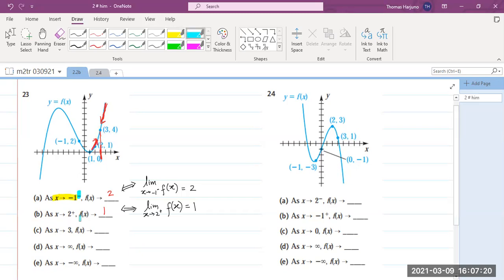If there's no notation where you approach that from, then you approach from both sides, left and right hand side. Now here you see that as x approaching 3 from left and right hand side, the value of the function is approaching 4. When you approach from the left hand side, it's approaching 4. Approaching from right hand side, that's also approaching 4.